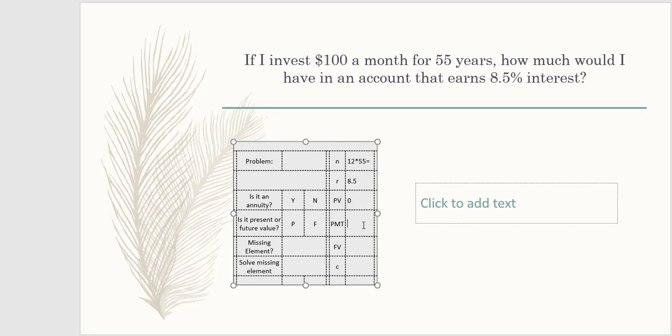My payment is how much I'm adding per month, so $100 per month. I am looking for what I will have in the future, so I'm looking for future value. And the C, the number of compoundings per year, I said I'm doing this monthly, so that's 12 compoundings per year.